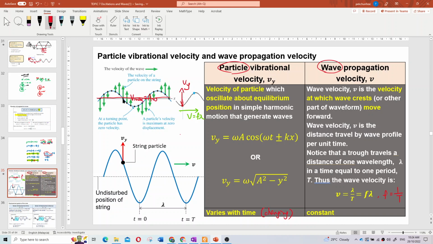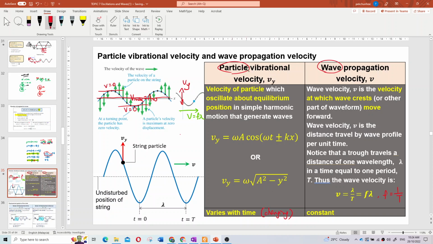When the particle reaches the amplitude, velocity is zero, the minimum. So velocity is zero at the amplitude, but maximum at equilibrium.